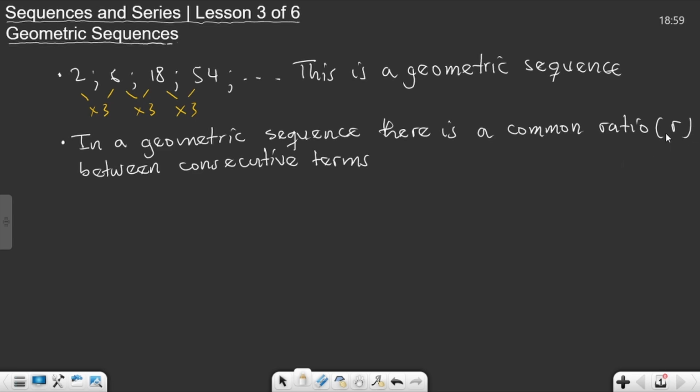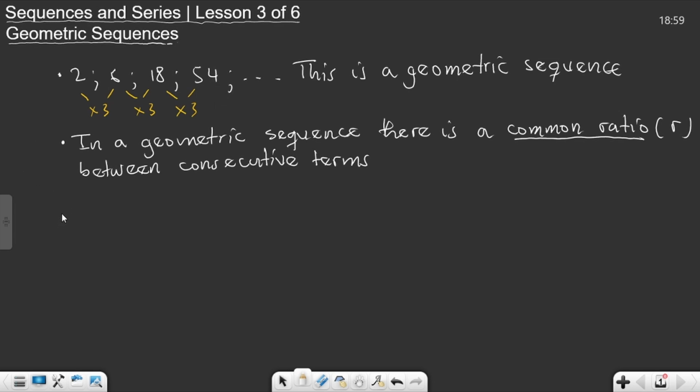So we use the letter R for common ratio. So in our case, 3 is the common ratio. And this type of sequence is known as a geometric sequence. So you understand that this is not an arithmetic sequence because there is no common difference.